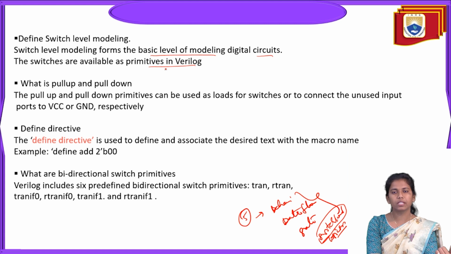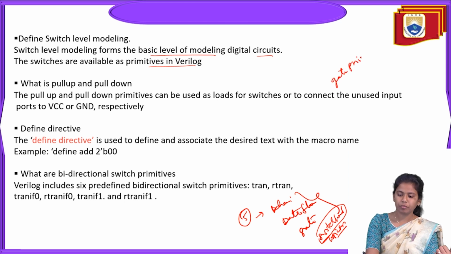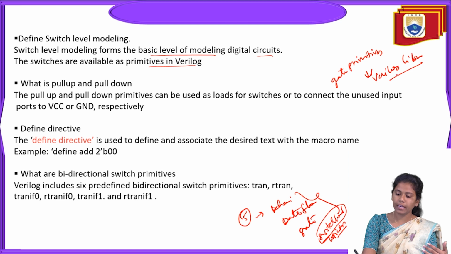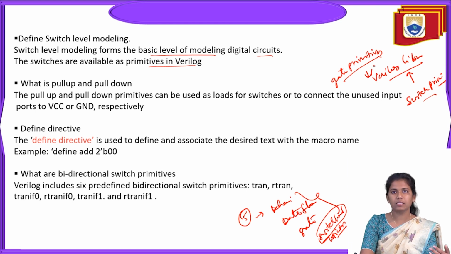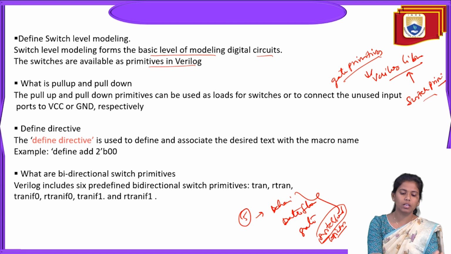As in gate level modeling, where the gate primitives can be considered from the Verilog library, the switch primitives can also be taken from the Verilog library itself. Then what are pull up and pull down in switch level modeling?